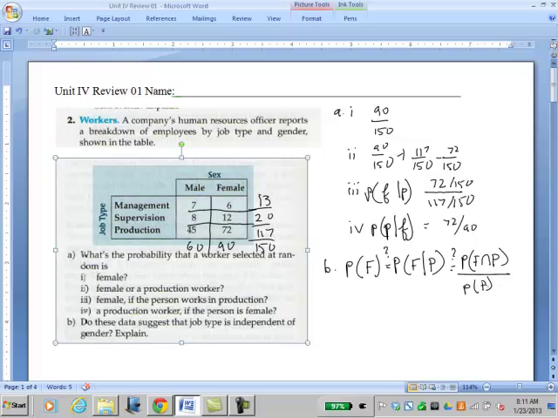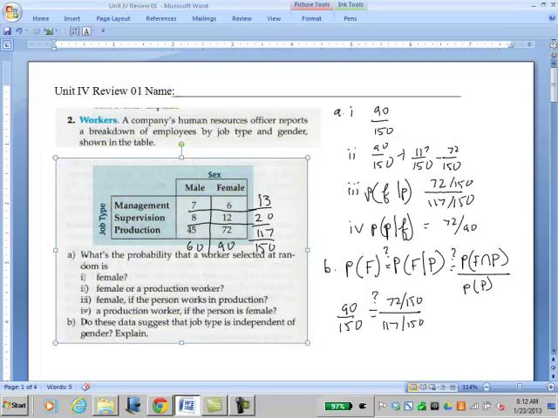The probability of female is 90 over 150. Does this equal the probability of being female in production, 72 over 150, over the probability of being in production, 117 over 150? The 150s cancel each other out.